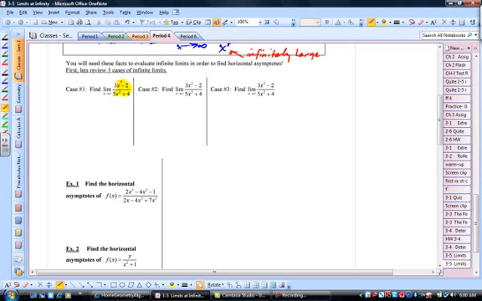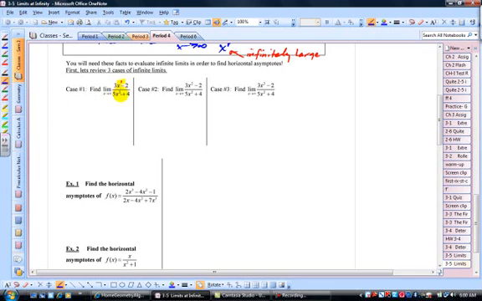The denominator, since it has a higher degree, is going to increase much faster than the numerator. And when the denominator increases faster, the size of the fraction is going to get smaller and smaller, and it's going to go to 0. So we're going to see that this limit actually is 0.